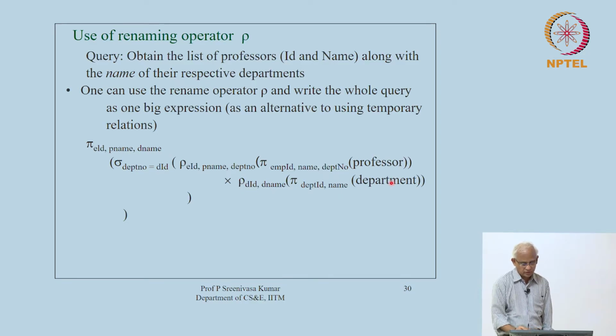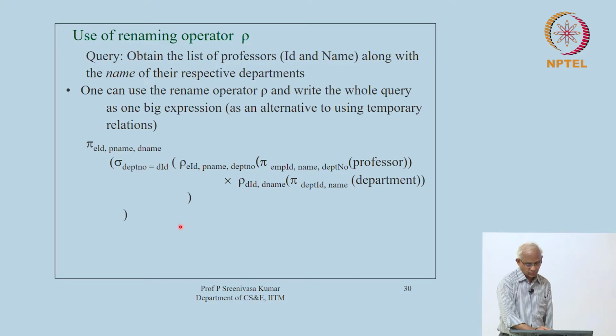This is what we called department detail in the previous slide, whereas this is the one which we called professor detail. So, we are doing a cross product of these two things, and then selecting the relevant combinations by giving the selection condition department number equals DID, and then finally projecting EID, P name and D name attributes from this entire relation.